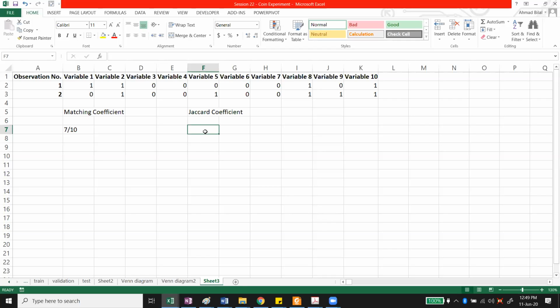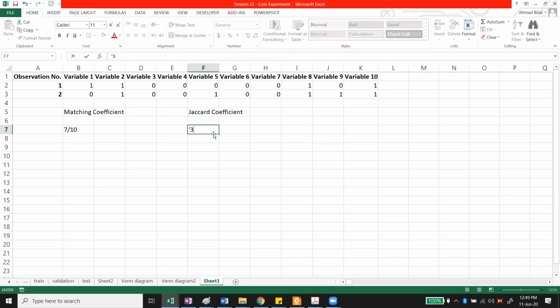So similarity के case के लिए हम क्या करेंगे, we'll only consider those observations which both have ones. So we have this variable, we have this variable, we have this variable. So we have three cases where both of the observations are one, both of the variables are one. Both of the observations are one for a particular variable, right? So that's going to be our numerator here.